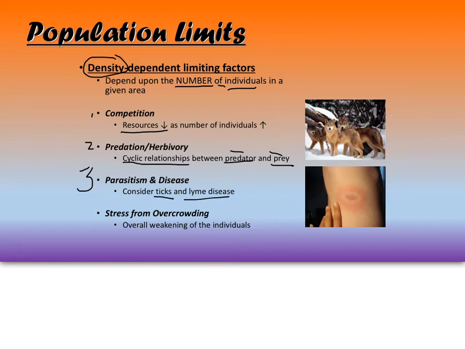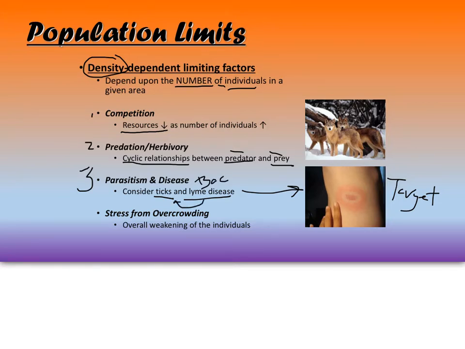Ticks and Lyme disease are an example. This is a picture of someone who has a rash from Lyme disease. We call this a bullseye rash or a target. This is somebody who has Lyme disease, which is actually a bacterial disease that is carried by ticks.